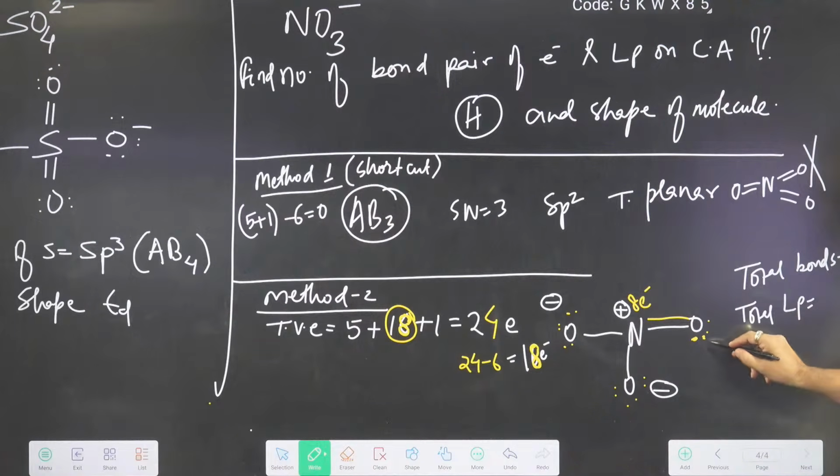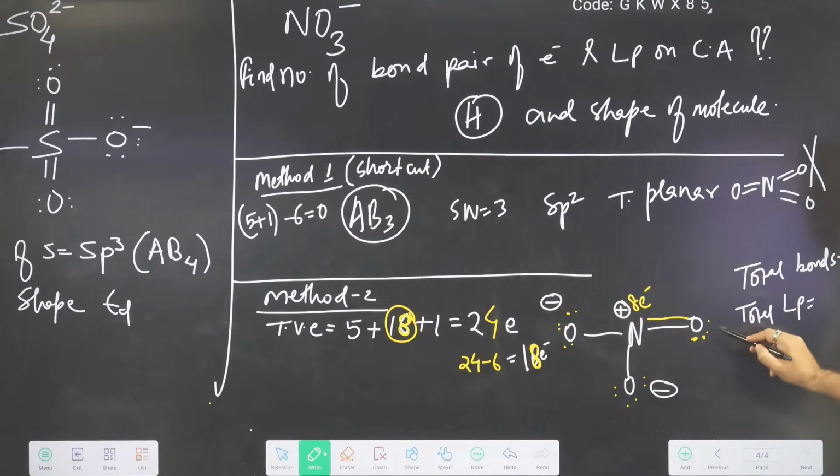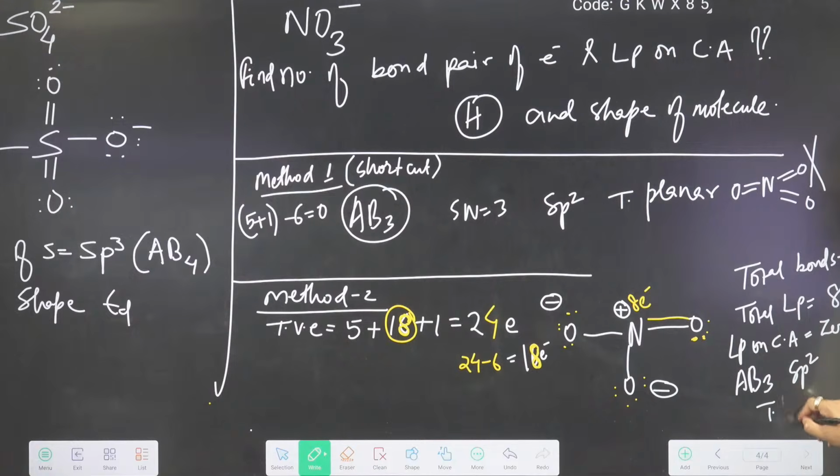Total lone pairs: 3, 3, 6, 6, 2, 8. Lone pair on central atom, 0. Molecule looks like AB3. AB3 means sp2, trigonal planar.